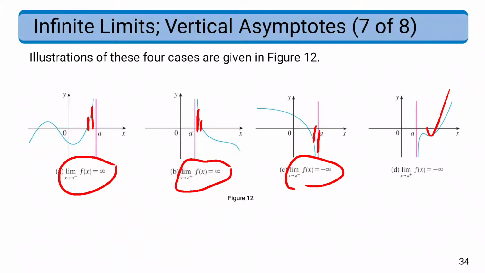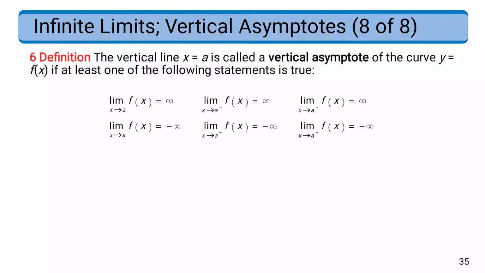You can see that you can only approach from the right, but even though you're approaching from the right, as we get closer and closer to a, the function goes to minus infinity. These are some of the cases that you will meet as we go along, but take care of this and be able to deduce something from the graph.